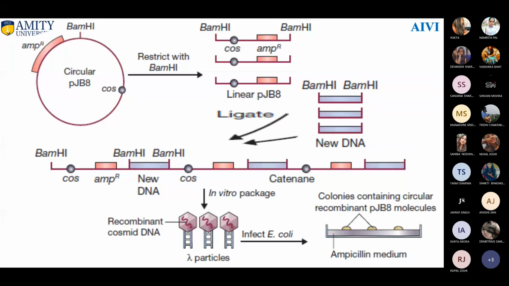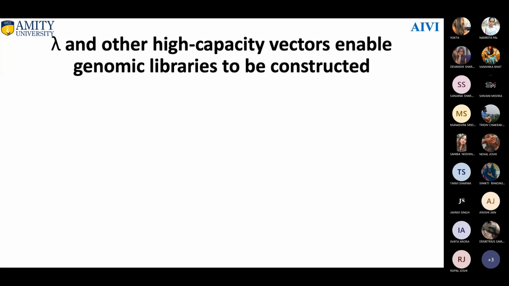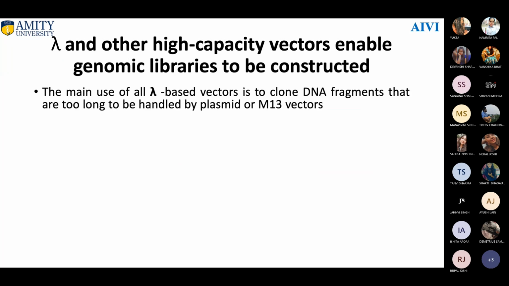Infect the E. coli, then you are going to have colonies, and each colony is going to have your plasmid in it. It is not going to give plaque formation. The lytic and lysogenic cycles that we mentioned are not going to occur. Your vector is going to replicate as a plasmid, not as a virus.